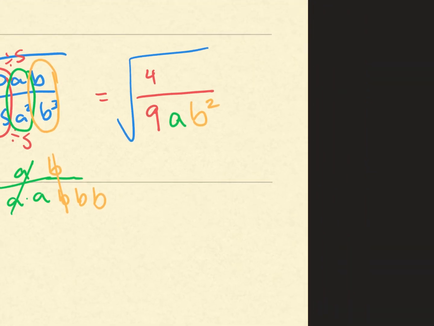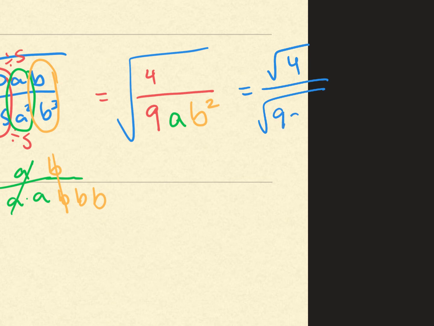Okay, so then from here, what do you think I can do? I can factor. I have the square root of 4 on top and the square root of 9ab squared on the bottom. What's the square root of 4? 2.